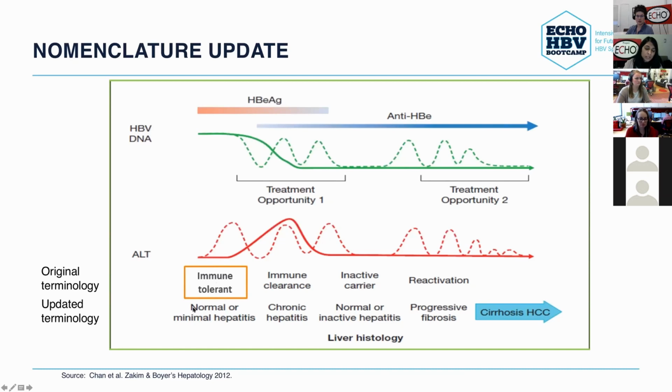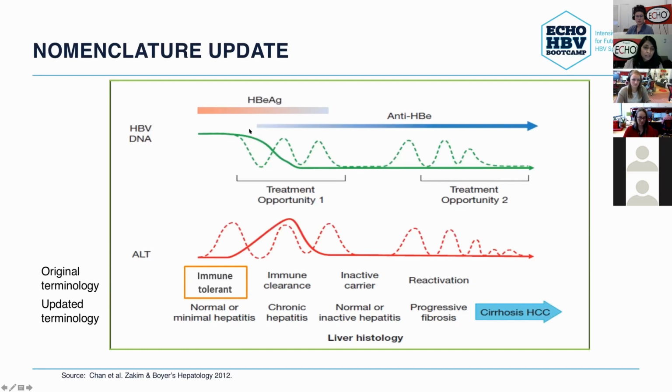Some of the newer terms that have in some instances replaced, or go side by side with, immune tolerant is normal or minimal hepatitis. I think that's a more descriptive, helpful term because it tells us a little bit more than immune tolerant might. Typically it's associated with very little or no activity in the liver from an inflammatory standpoint as well as fibrosis.